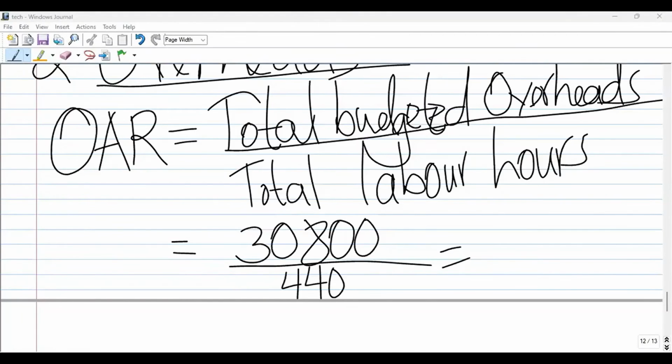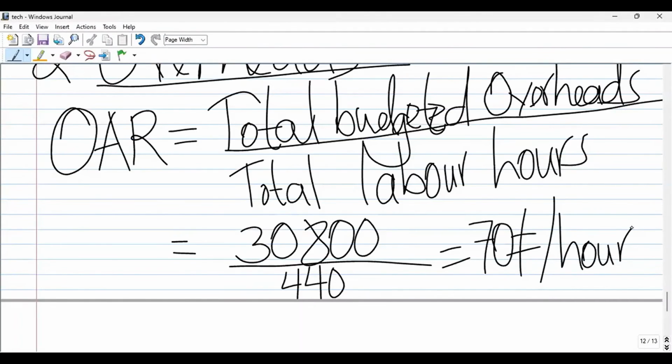A rate is always per something. Sometimes the examiner can even compute a rate for you. Whenever you see shillings per something, that implies he has given you a rate to use. So here we put 70 shillings per hour because you have divided by the hours.